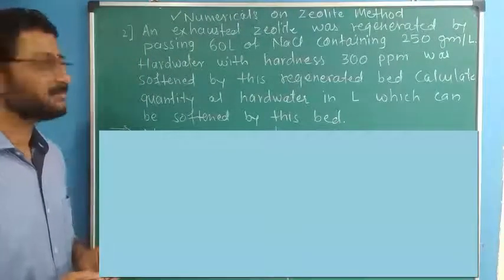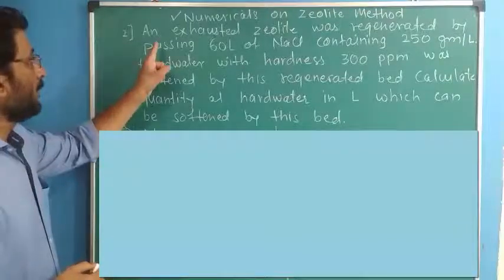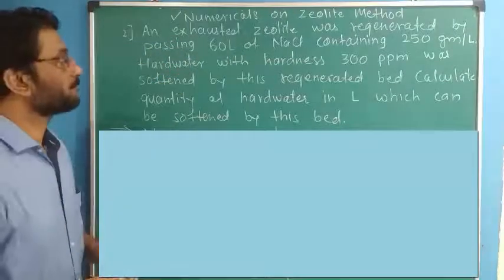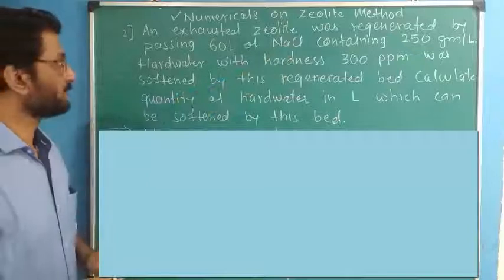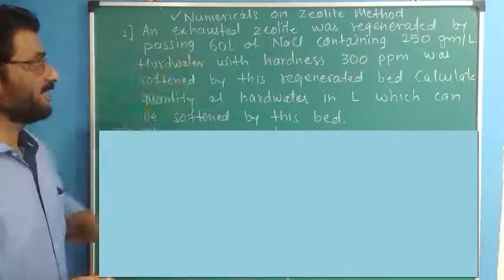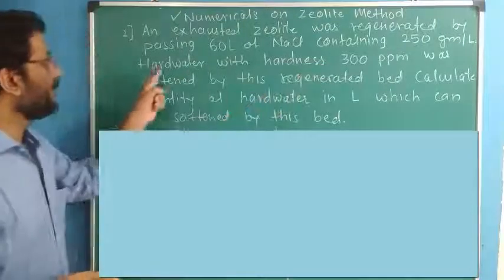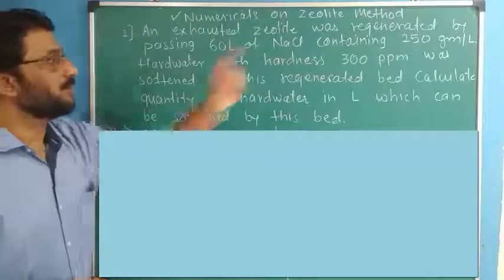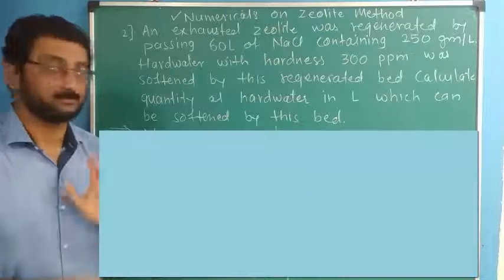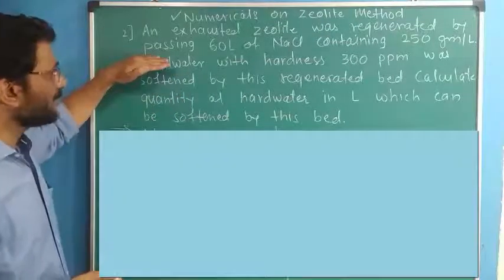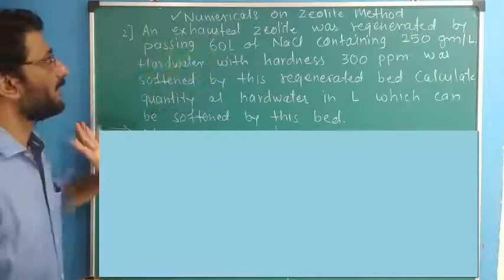One more simple case. Exhausted zeolite was regenerated by passing 60 liters of NaCl containing 250 grams NaCl per liter. Before going to the next line, let us clear this part.